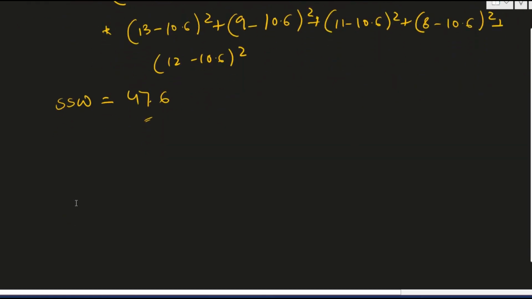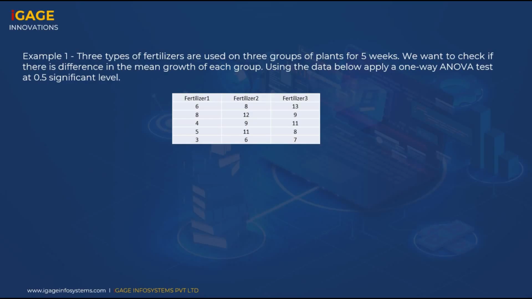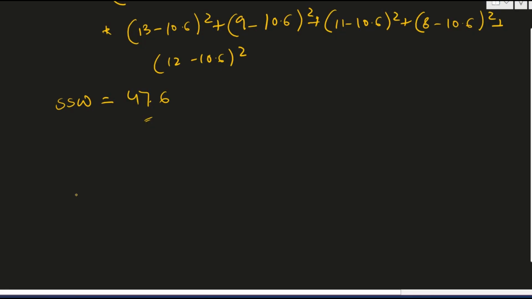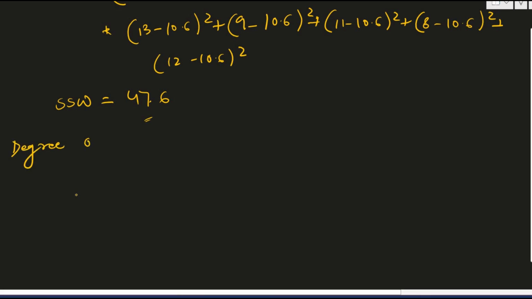Now, since the standard deviation is not mentioned here, let us find the degree of freedom. The degree of freedom in this case will be n minus 1.